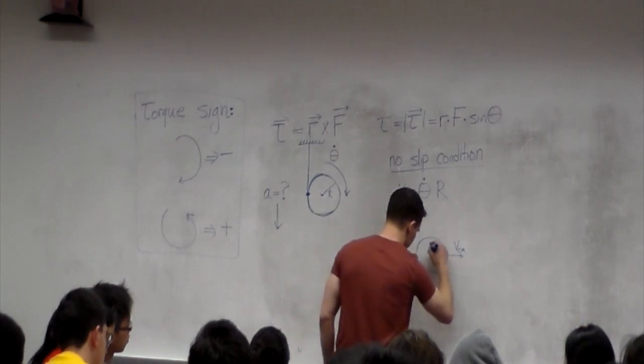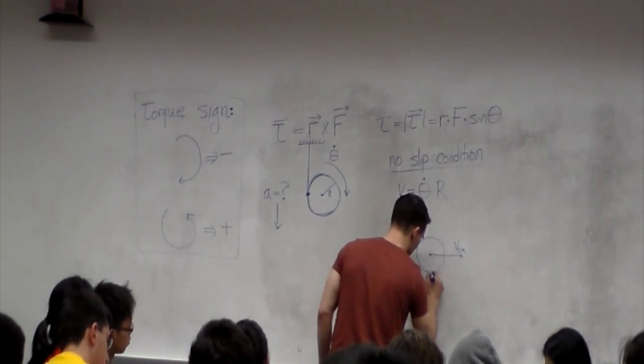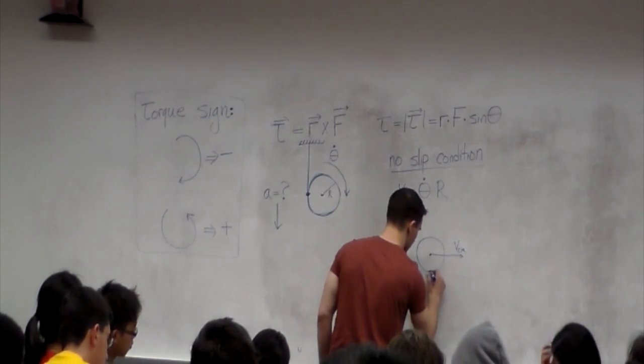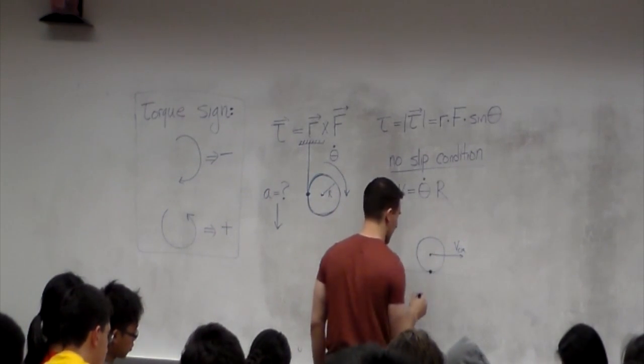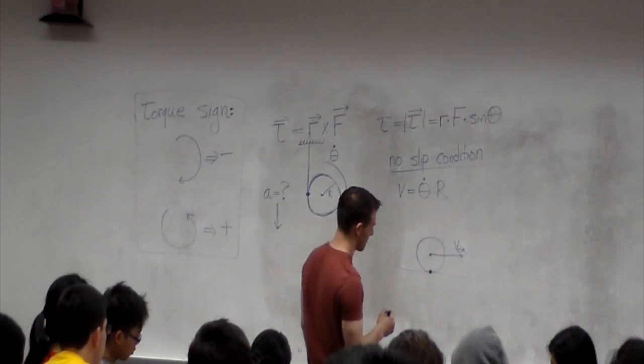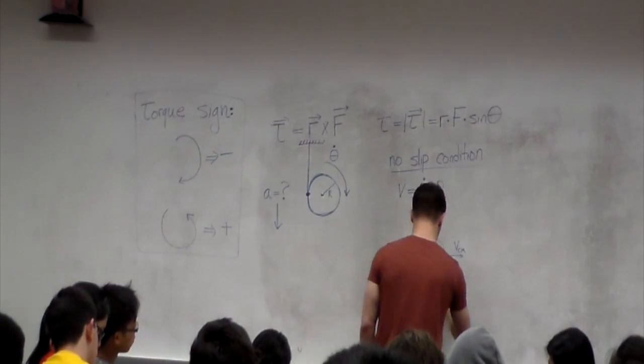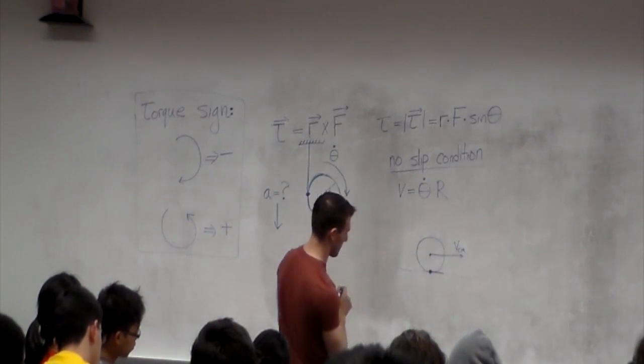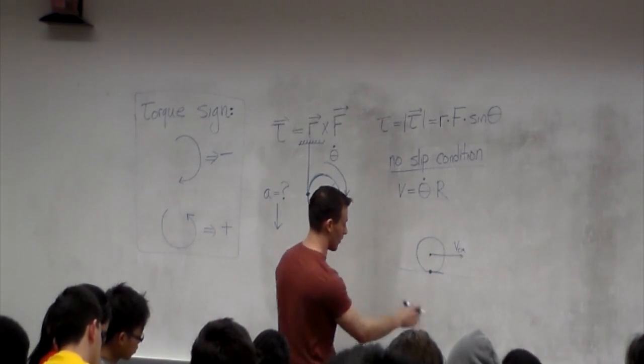Then that means that the velocity of this point with respect to this guy is, I'm sorry, not with respect to this guy. Oh, right, I'm sorry.